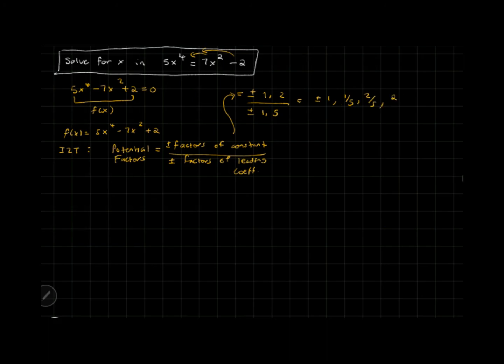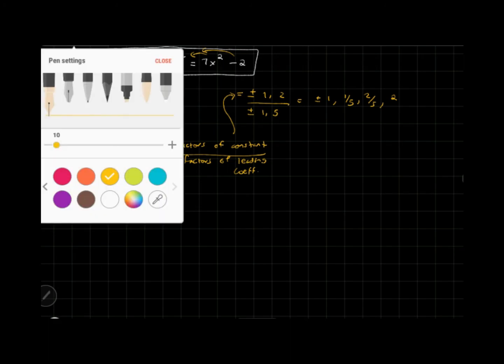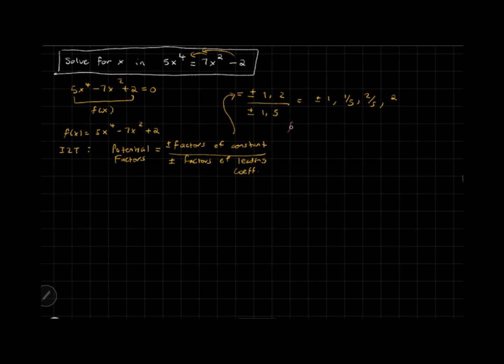Okay, let's try positive 1 first. I think that's usually an off the bat kind of choice to pick. So let's do f of 1. You get 5 times 1 to the power 4 minus 7 times 1 squared plus 2. You can notice that it's 0. So f of 1 is equal to 0, and according to factor theorem, x minus 1 is a factor.